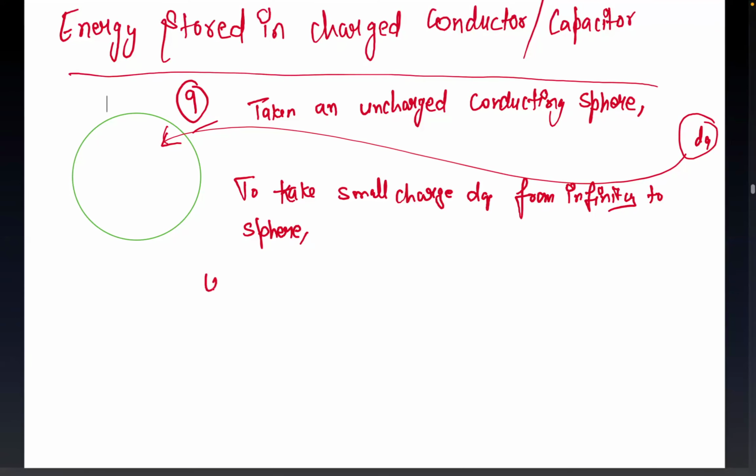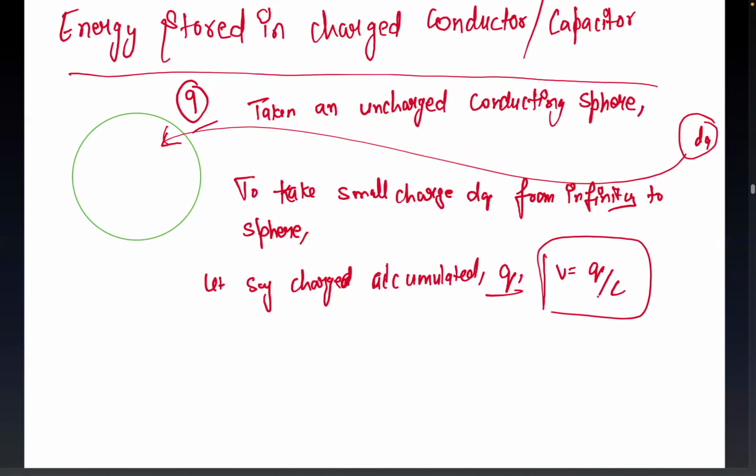Let's say the charge accumulated is q. If it is q, what is the potential the surface will be having? How much potential will the surface be having? q by c, right? Is this clear? Yes, sir.